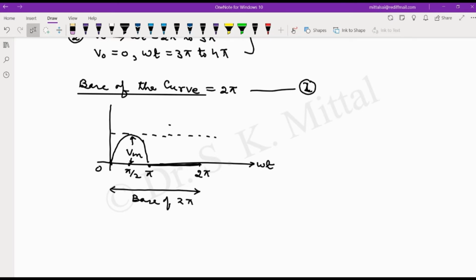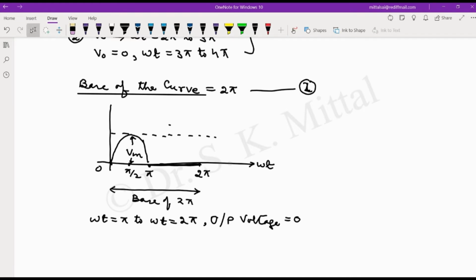So therefore, from omega t equal to 0 to 2 pi, we will consider the area for the base of 2 pi. But what we observe, from omega t equal to pi to omega t equal to 2 pi, output voltage is equal to 0.